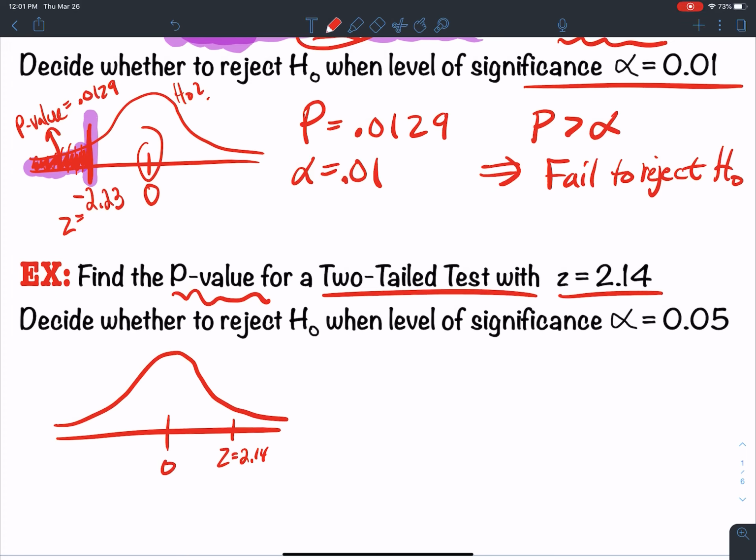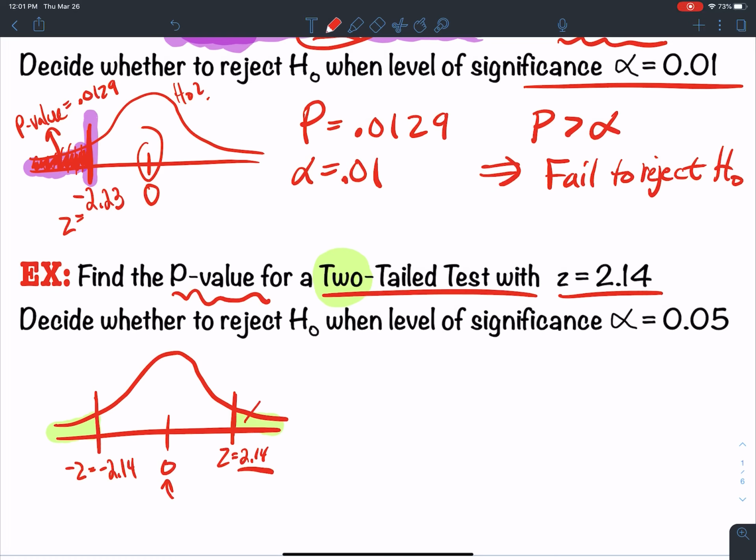With a two-tailed test, we have a tail on this side, but we have a tail on the other side. If Z in the middle is 0, and I have 2.14 on the right side, then I have negative 2.14 on the left side, okay? So a two-tailed test says that I need to shade on the right and the left. So that's a two-tailed test, okay?